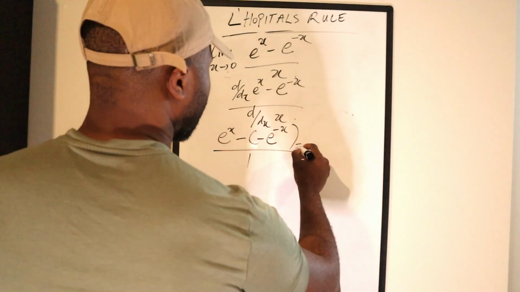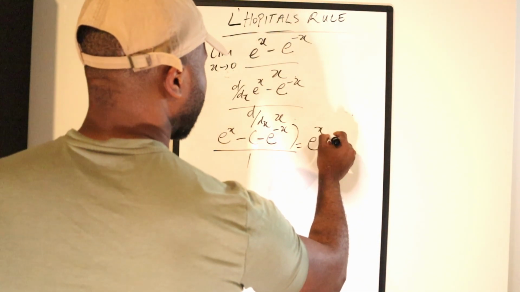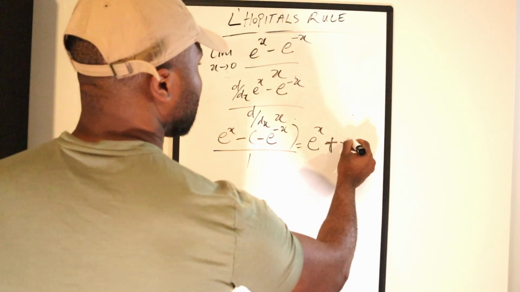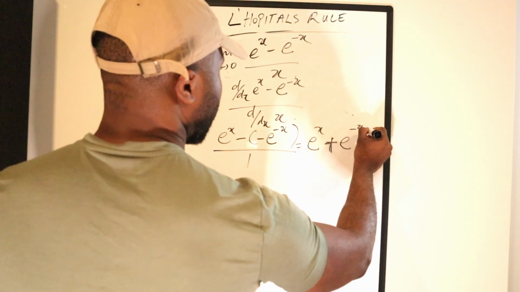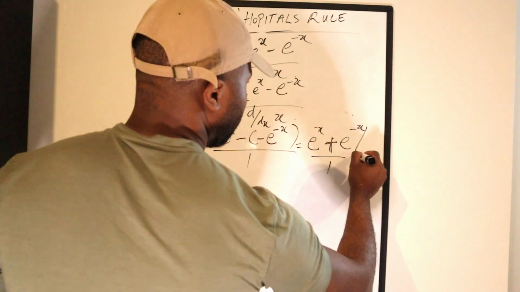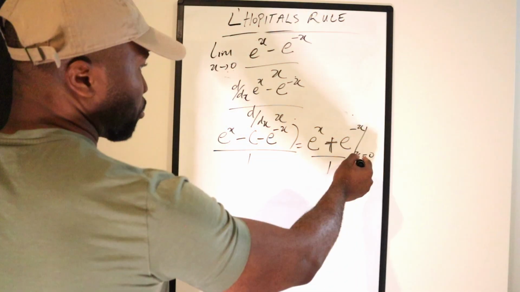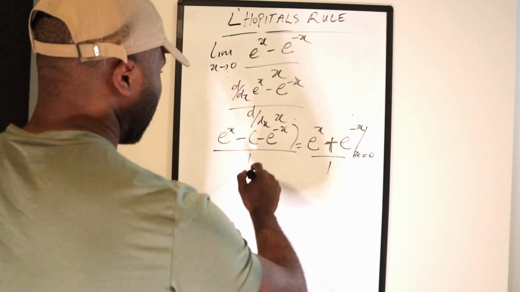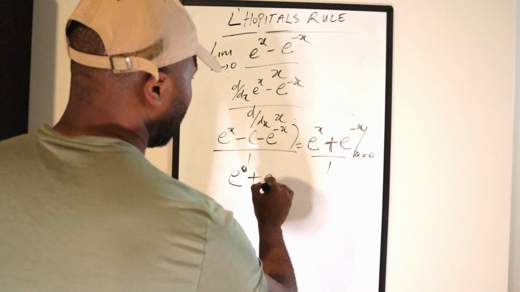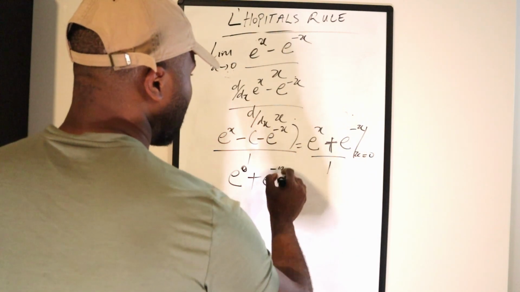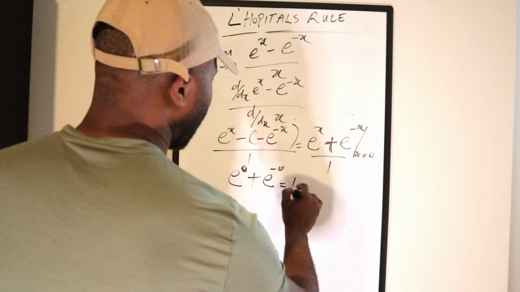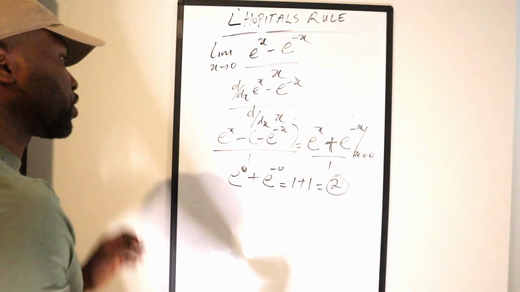And this is equal to e to the x plus, because minus minus is plus, e to the minus x over 1. Putting in x equals to 0 here, that will be e to the 0 plus e to the minus 0. Exponential 0 is 1, so this is equal to 1 plus 1 is equal to 2. So this is your answer.